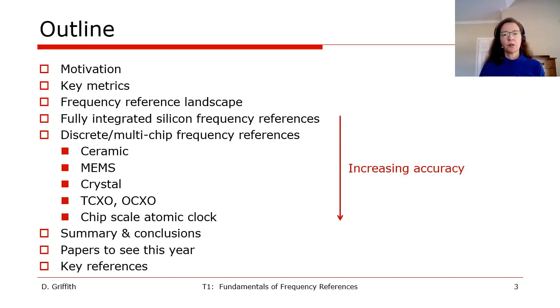The outline of this tutorial is as follows. We'll start with the motivation and then look at the key metrics and the frequency reference landscape. Then the majority of the tutorial will be focused on the different types of frequency references.